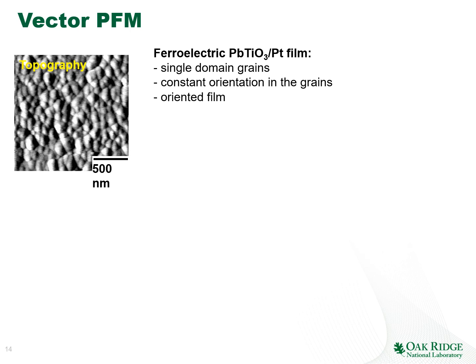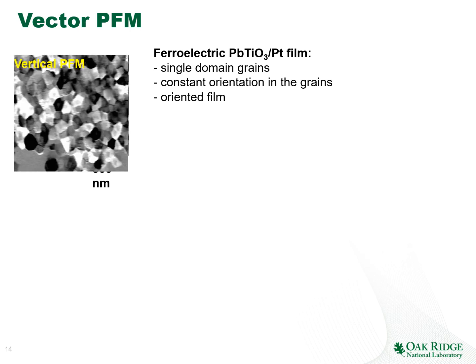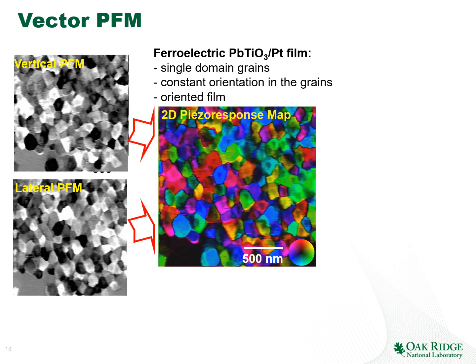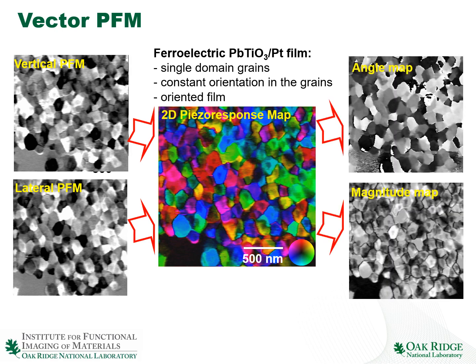And this is the example of the vector PFM when we have the topography, the vertical PFM signal for the ferroelectric lead titanate film deposited on platinum. We have the lateral PFM signal. We can combine these two to generate the two-dimensional piezoresponse map, where here we map as the color the orientation of the PFM vector, and we map as the intensity of light the average magnitude.